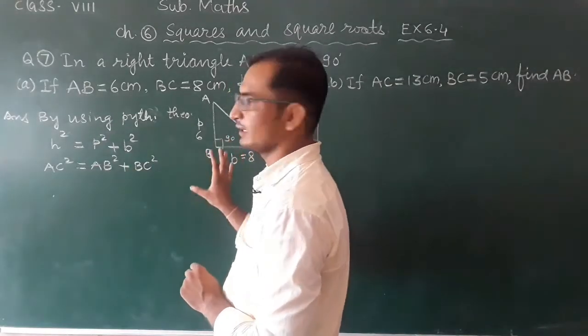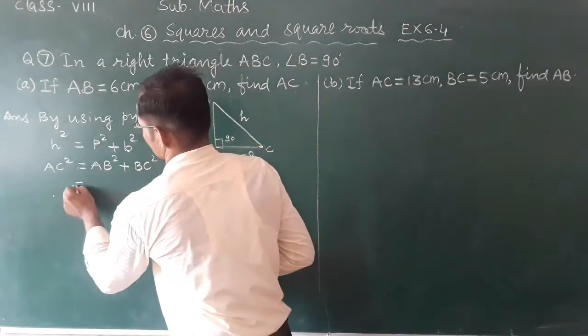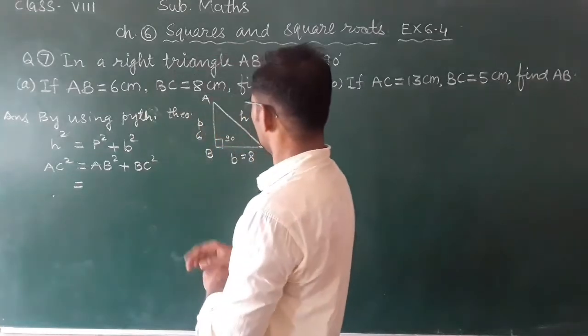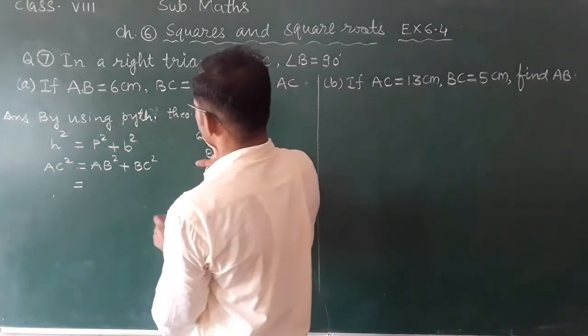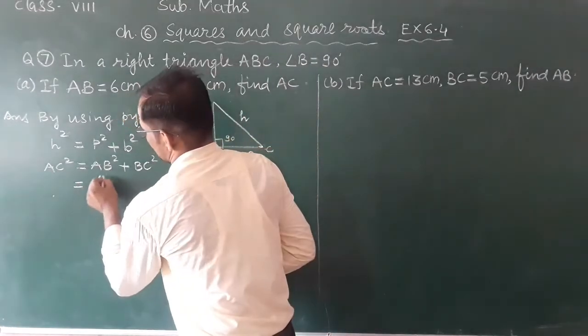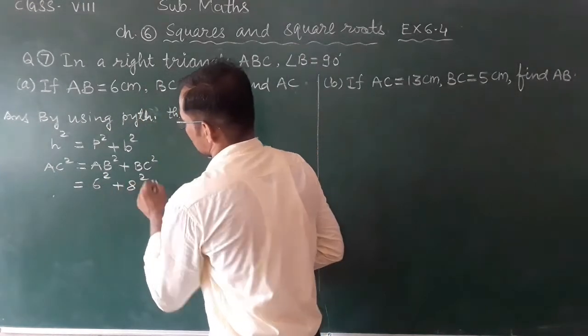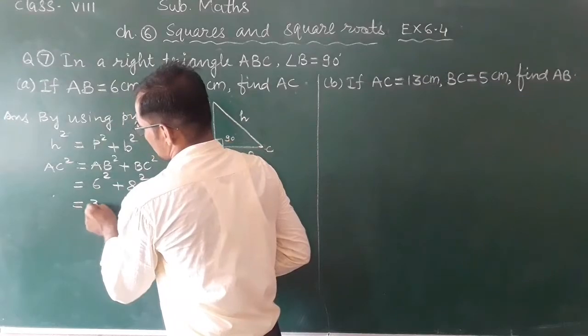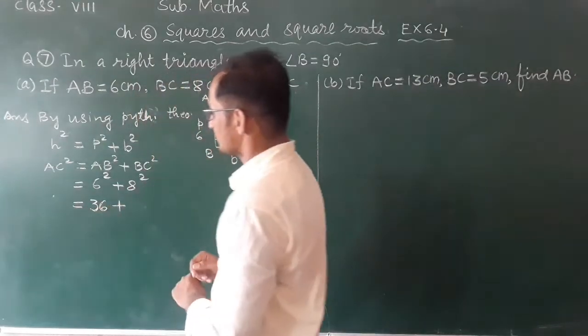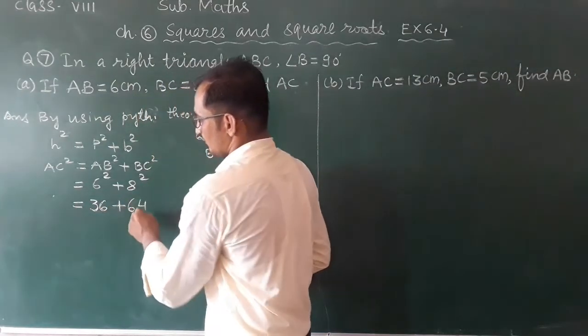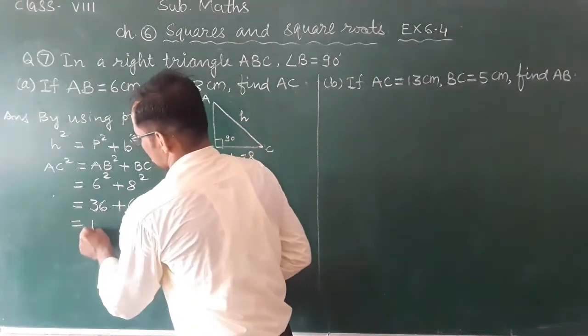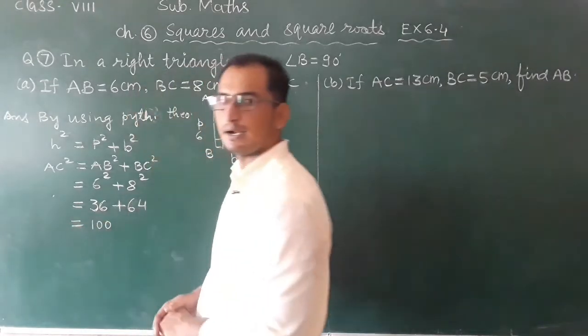Okay, write here the given values. What is AB? AB is 6 square plus BC is 8 square. It means square of 6 is 36 and square of 8 is 64. Then on adding these numbers we get 100.